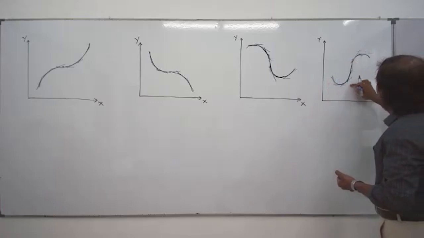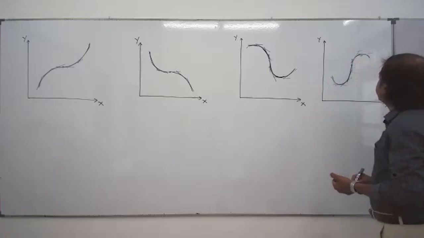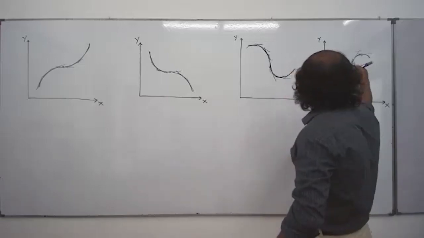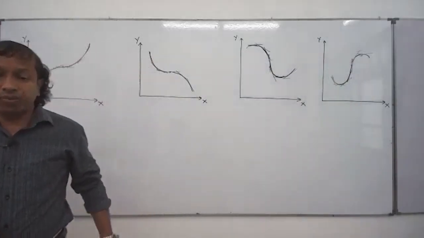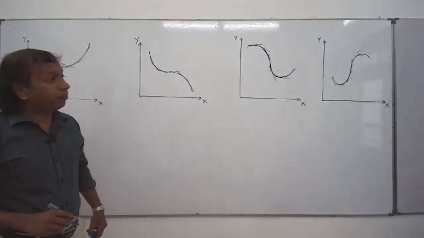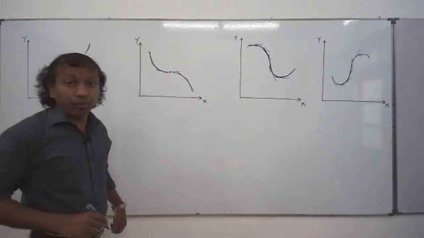The graph is concave up. After that, concave down. Here, the concavity of the graph changes. So then this is another point we can consider as a point of inflection. So therefore, people, the point of inflection can exist basically in four ways.